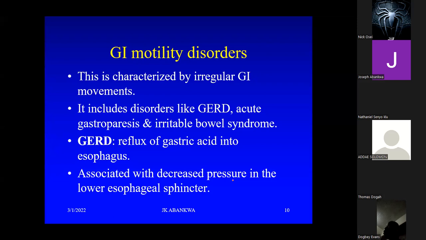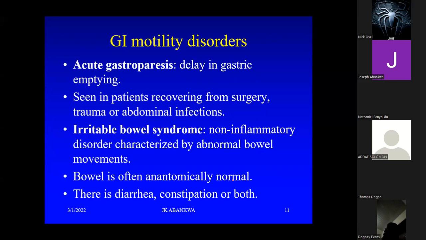And I said earlier that the esophagus is not equipped to handle this acid condition. So how does the backflow occur? It is associated with decreased pressure in the lower esophageal sphincter, and then there is a backflow.